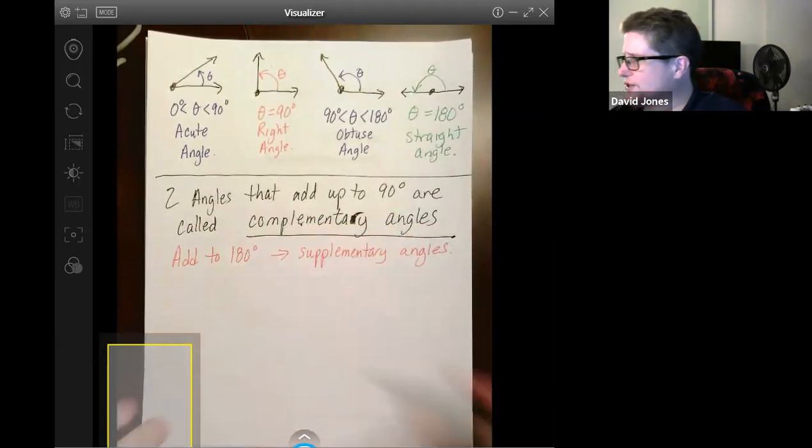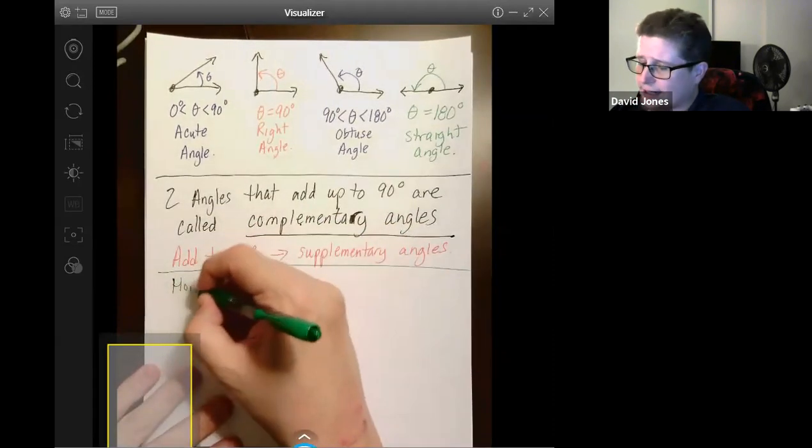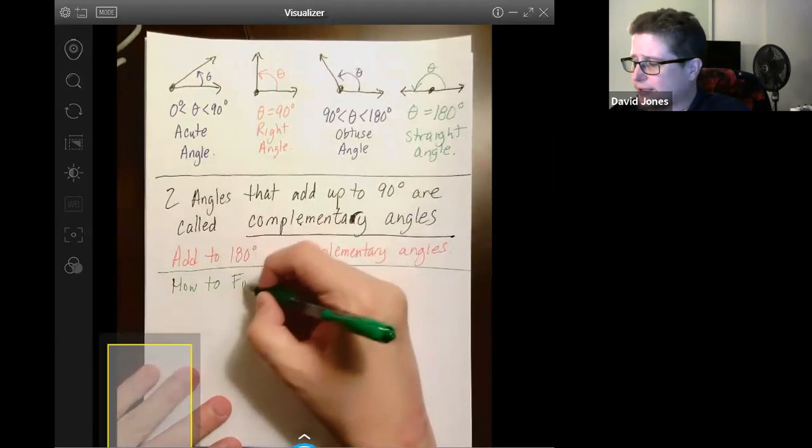So let's do a little exercise. How do we find a complement? How to find complement or supplementary angles.